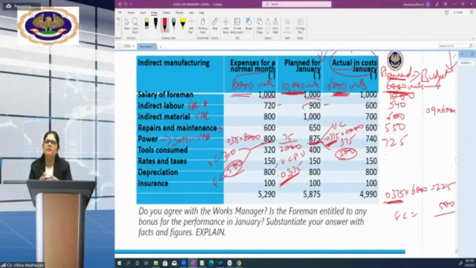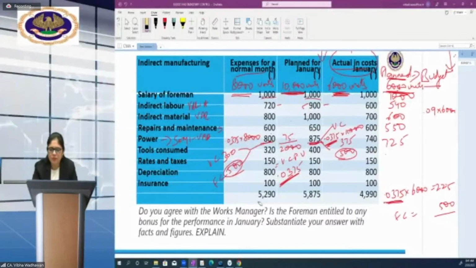We calculate the variable proportion in it, and the balance comes as the fixed cost, right? So this is how we split the semi-variable into fixed and variable. Students, I hope you all have understood this. This is a very, very important part of budgeting also, the split of semi-variable into fixed and variable, all right?